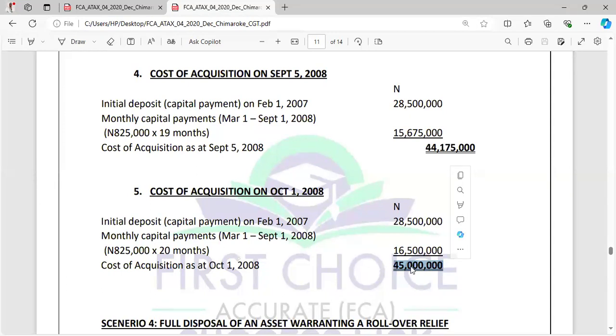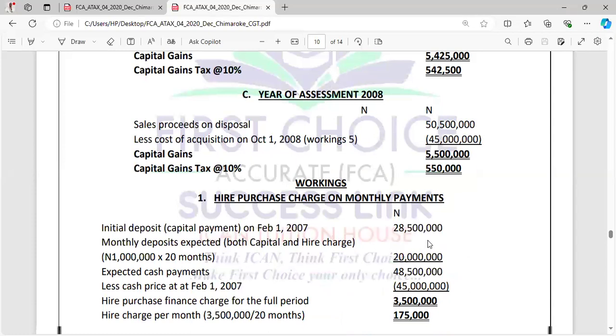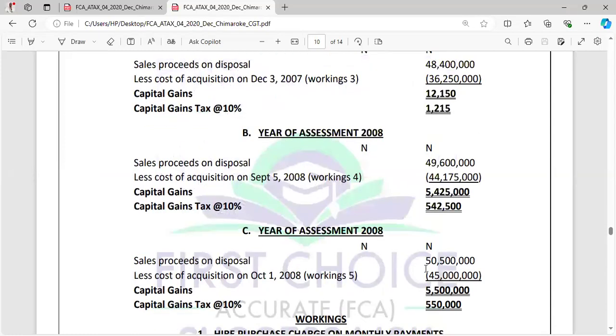So it's our cash price that we are looking at. Cash price, 45 million. That is what we also have here. And so when we dispose of this one, we remove the cost of acquisition from the proceeds, and we have 5,500,000.